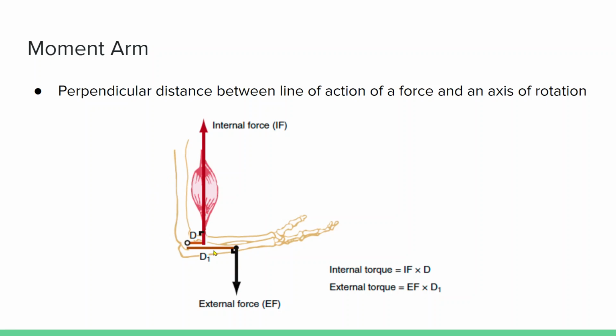It is at a longer moment arm. So the perpendicular distance is d1. It's much longer. And so that external torque is the external force times d1. And the internal force is creating a flexor torque. The external force is creating an elbow extensor torque.